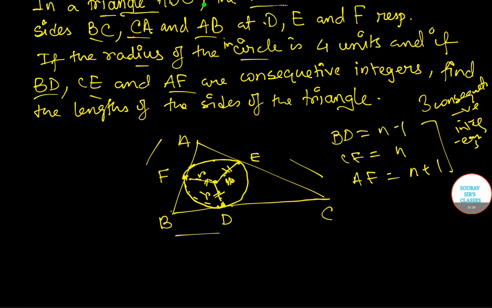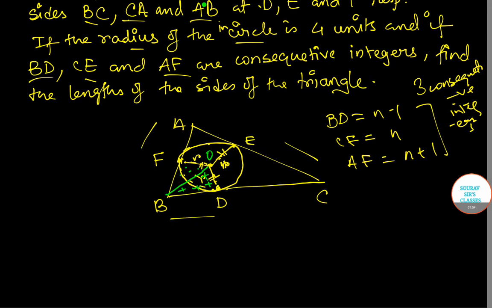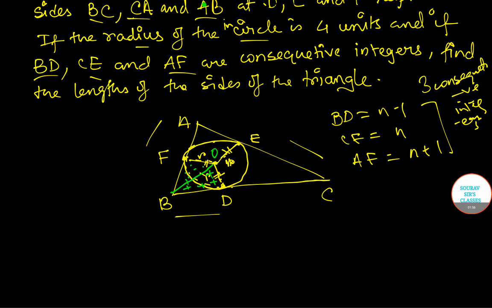Now we will join B and O, let's say this is O. So talking about triangle BOF and triangle BOD, we have BO common to each other. So BO is common.